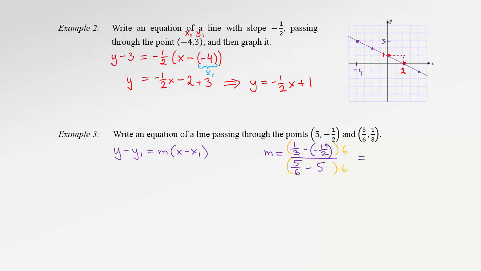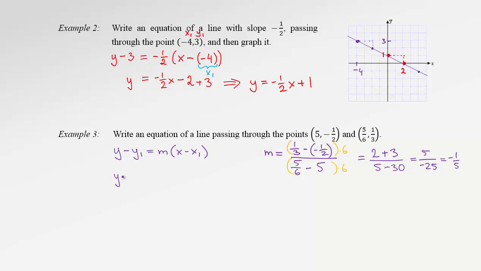That gives us 6 times 1/3 is 2, 6 divided by 3 is 2. And then it's plus 6 times 1/2, that's 3, over. When we multiply 6 times 5/6, the 6 will be cancelled, and we get 5. Minus 5 times 6 is 30. So overall we have 5 over negative 25, which can be reduced to negative 1/5. Okay, so we have our slope.